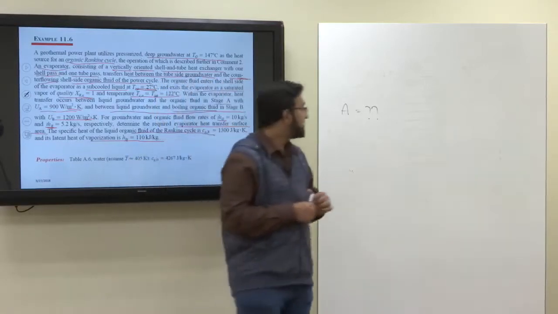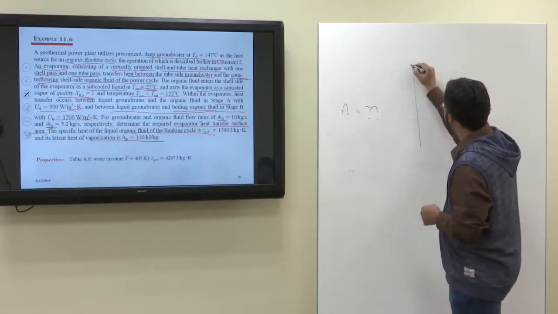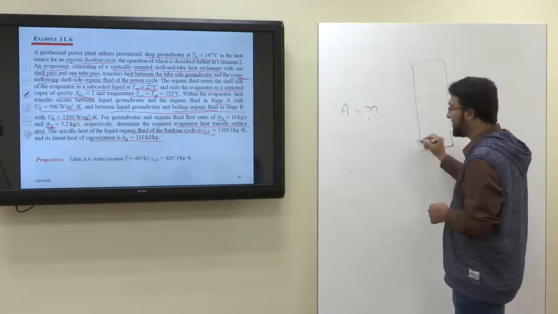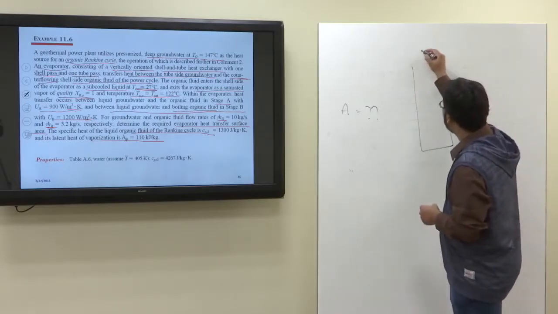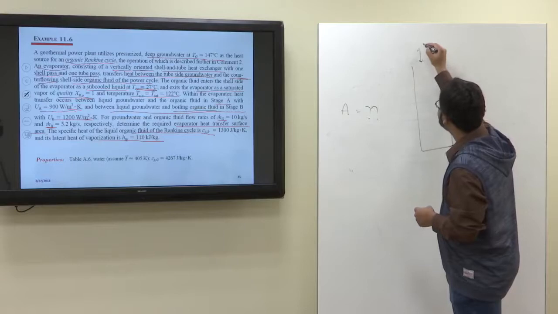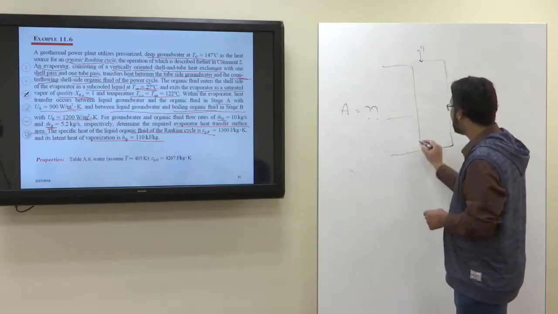Okay, so now let's draw it here. This is my shell and tube heat exchanger, where the hot fluid enters here. Let's first divide it into two parts as the book has divided.